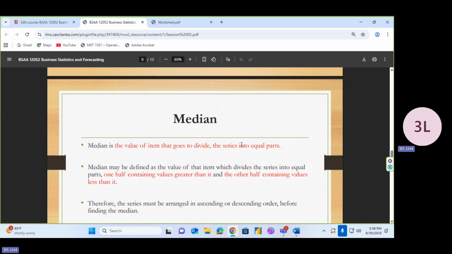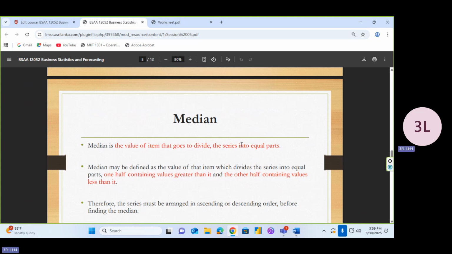Above the median value lies 50% of the observation values, and 50% lies below the median value.